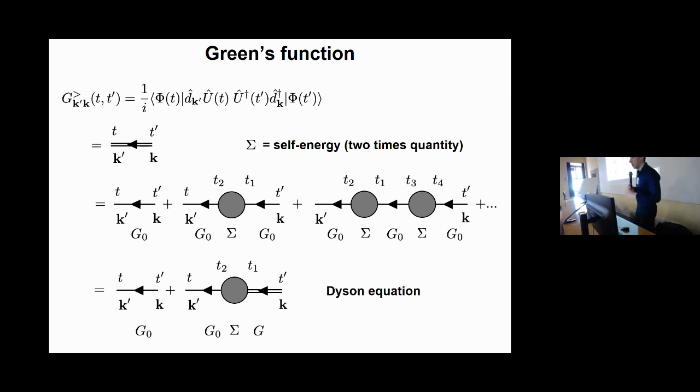Okay, so I hope in this way it should be clearer what type of information the self-energy contains. It is in essence the probability amplitude that a scattering event is contained in another scattering event.